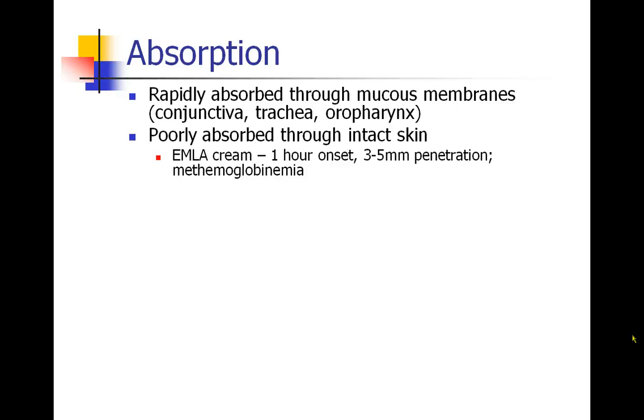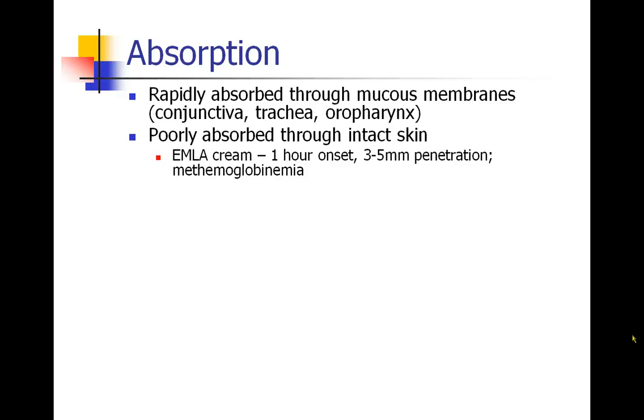In fact, if you do want to apply topical anesthetic to the skin, there's something called EMLA cream. You may see that used in pediatrics from time to time. EMLA stands for eutectic mixture of local anesthetics. And it's a mixture of, I think, prilocaine and lidocaine, if I remember correctly. It takes about an hour to work. It only penetrates about 3 to 5 millimeters into the skin.